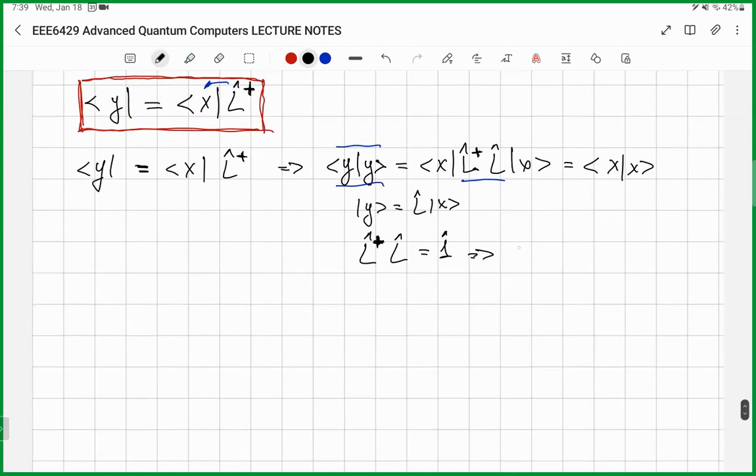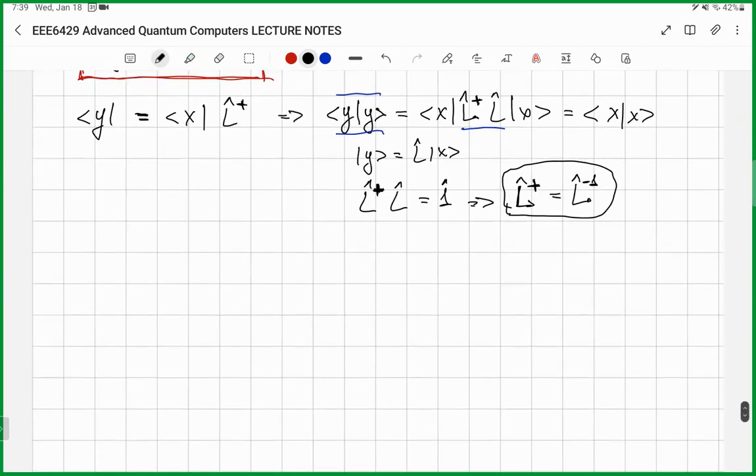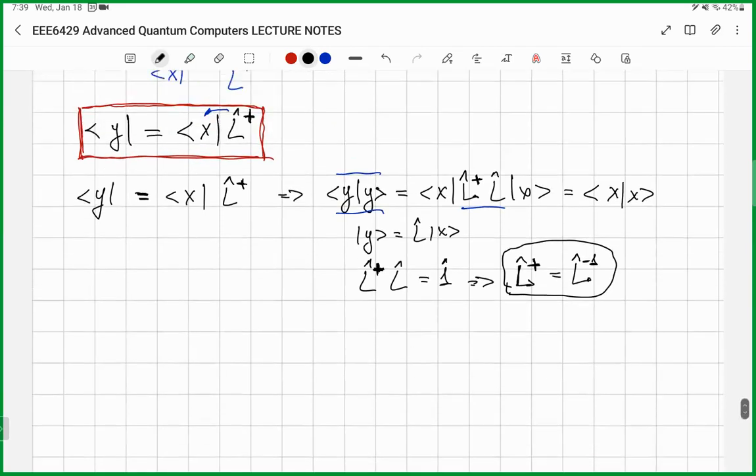It requires that the Hermitian conjugation of my operator is equal to the inverse operator. So again, this is a fact that we already know, but now written in this bracket notation.